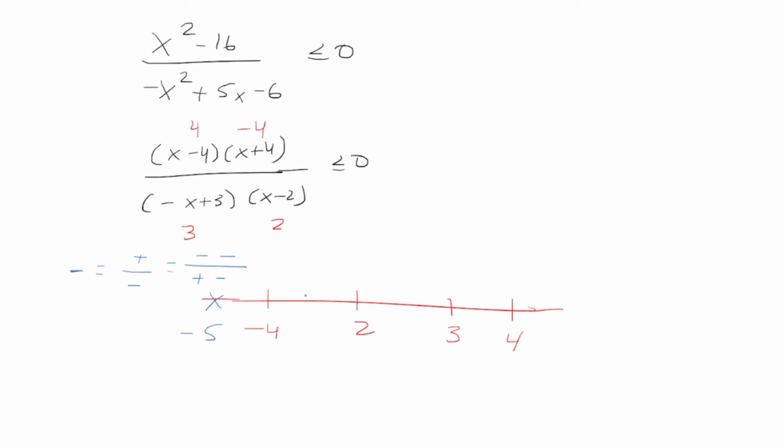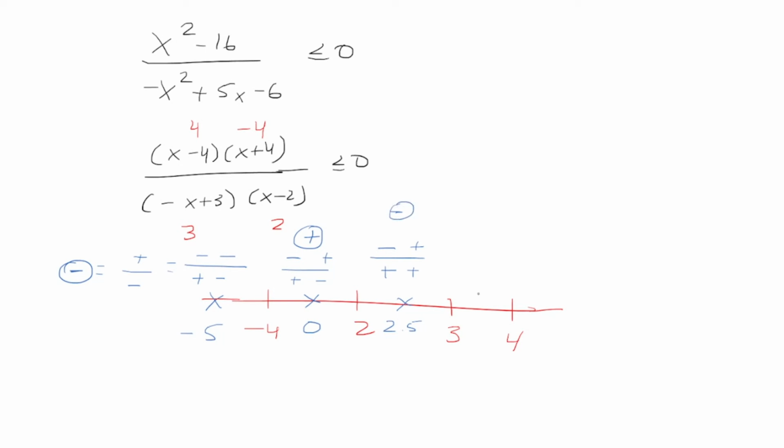Pick a number between negative 4 and 2, say 0. So we have negative, positive, positive, negative. So this is going to be positive. And pick a number between 2 and 3, say 2.5. Get negative, positive, and then positive, positive.